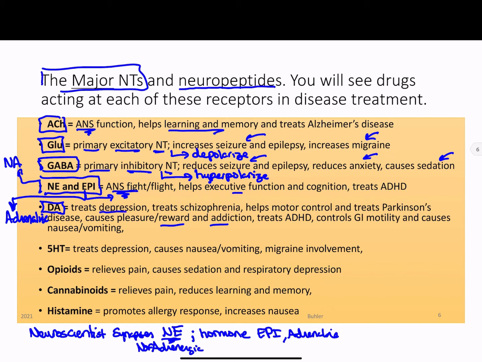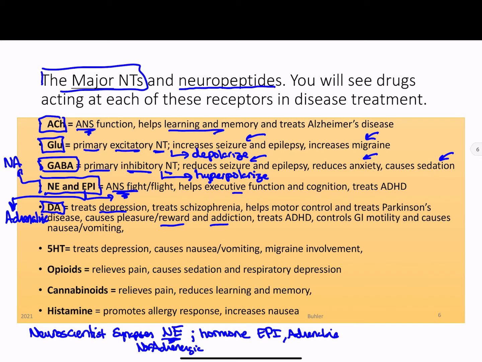And so we're going to see that some antidepressant agents are also going to have dopamine activity. Looking at this, you can see that dopamine has really widespread effects in a lot of different disease physiologies. So this isn't saying that dopamine is more important or even more widespread in physiology than the others.